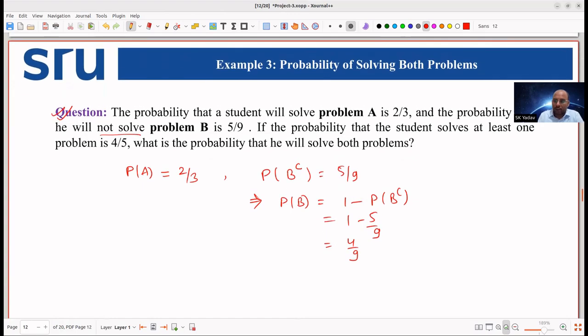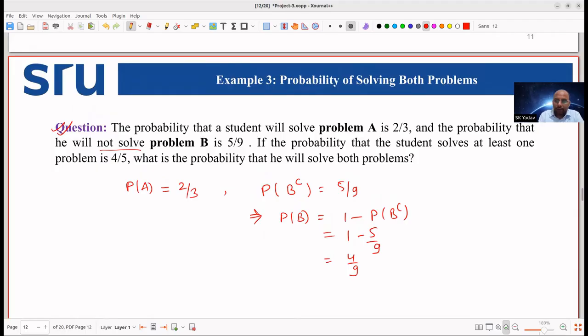The third statement says the probability that the student solves at least one problem is 4 by 5. Note here the phrase "at least one". This means the third information given is P of A union B is equal to 4 by 9.